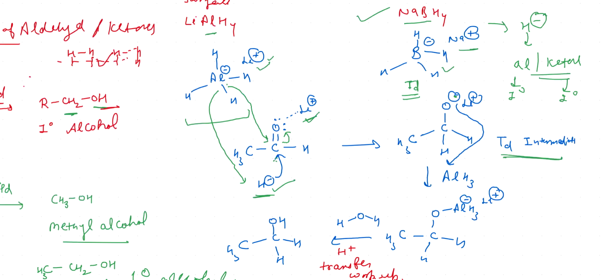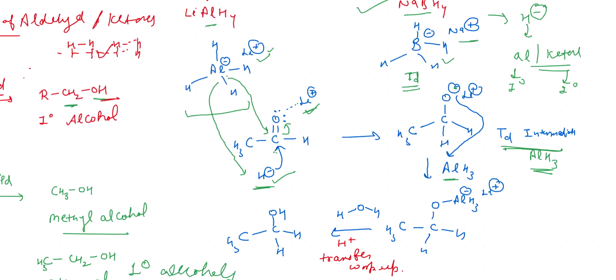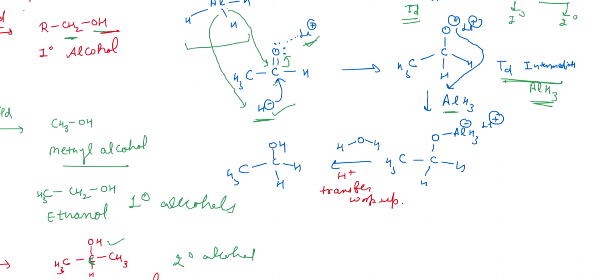So with the formation of this tetrahedral intermediate, you will also get aluminium hydride, AlH3, as a byproduct. If we simplify the mechanism again, at the end, in the workup, we add water.